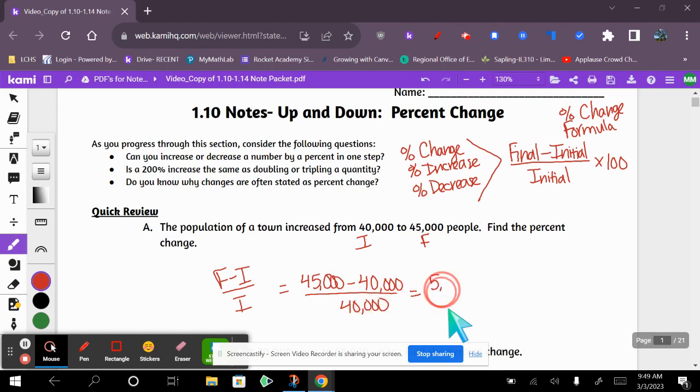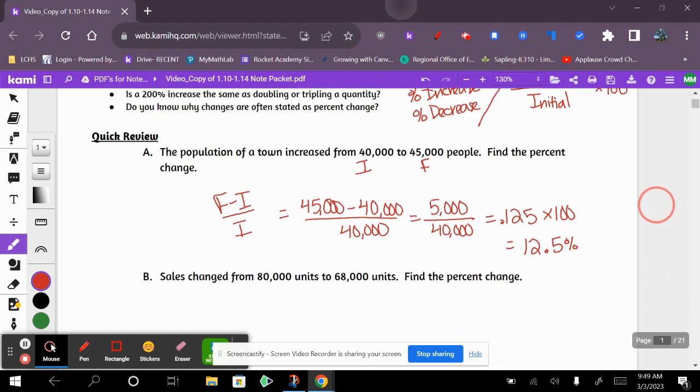So for the top, we get 5,000. And when we divide that by the bottom, which is 40,000, we get 0.125. And don't forget that part of the formula is to multiply by 100. So we end up with 12.5%. And because this is a positive answer, we are going to end up describing this as an increase.